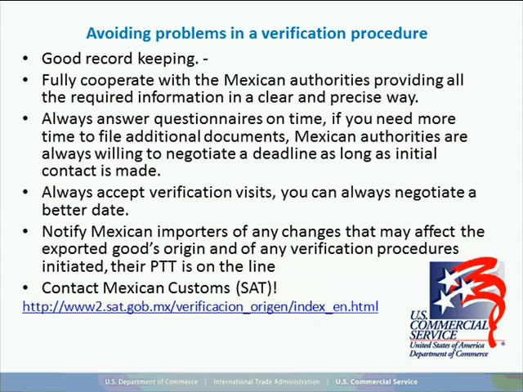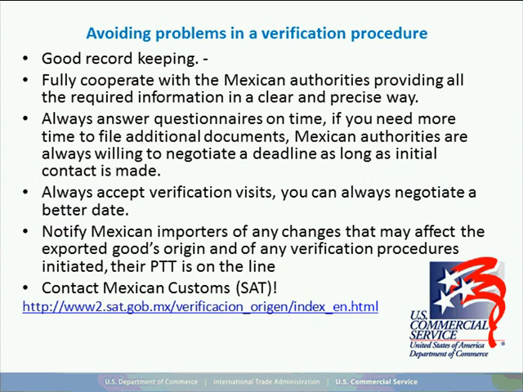Notify Mexican importers. This is very important. Notify Mexican importers of any changes that may affect the exported goods origin and of any verification procedures initiated. Remember, their preferential tariff treatment is on the line here. So they are very interested that this treatment is not denied by customs. And contact directly the Mexican Customs. It's okay.